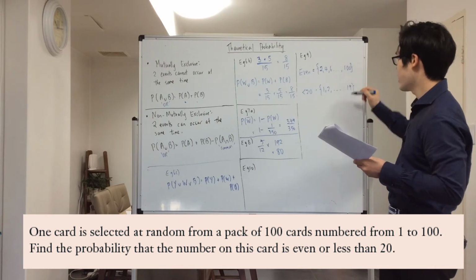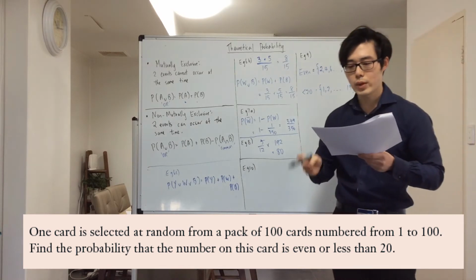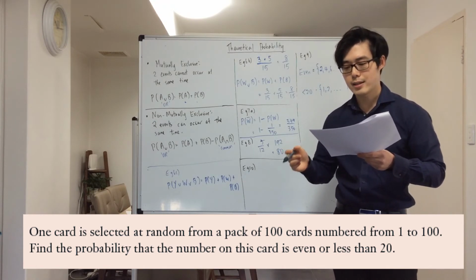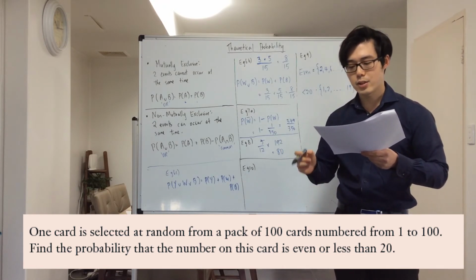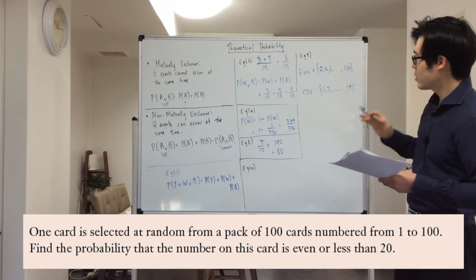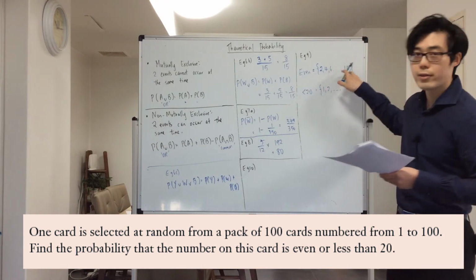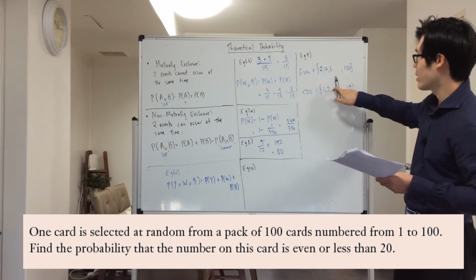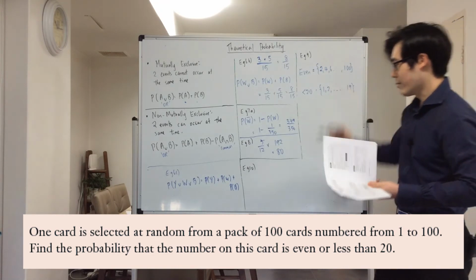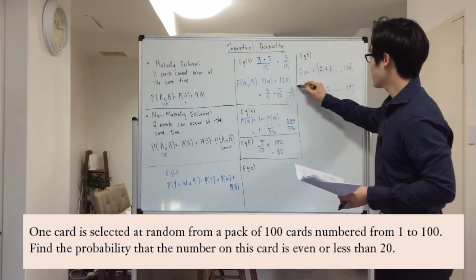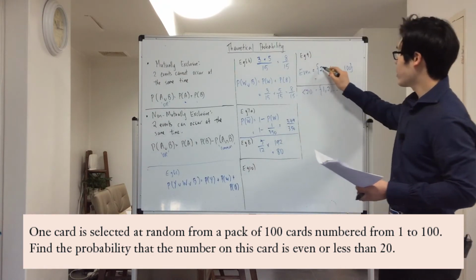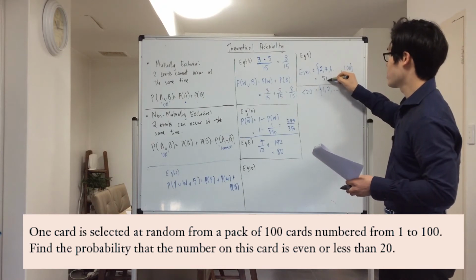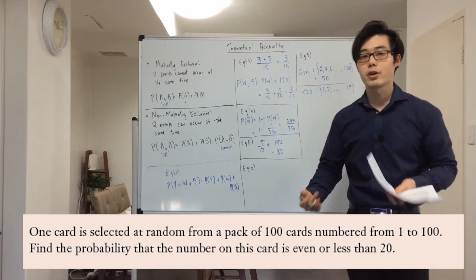Now, here's the thing with this question. It says one card is selected at random. Find the probability that the number on this card is even or less than 20. What you need to notice is there is an overlap of the even numbers here and all the less than 20 numbers here. First of all, we know there are 50 even numbers from 1 to 100 because there are 50 even numbers and 50 odd numbers.